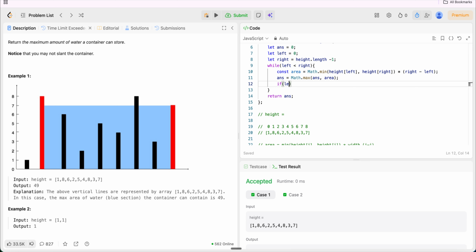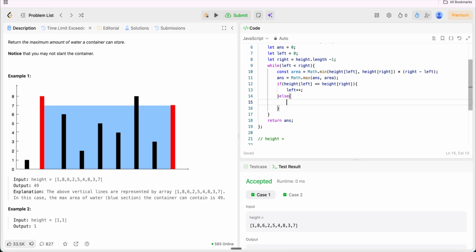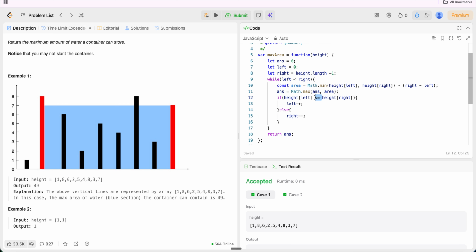So let's say height of left is less than or equal to height of right. Then what should I do? I just have to increment my left, else I just have to decrement the right, because we are coming from the end. One more question is when they are equal, it does not matter whether you increment left or decrement right, because they are of the same height.